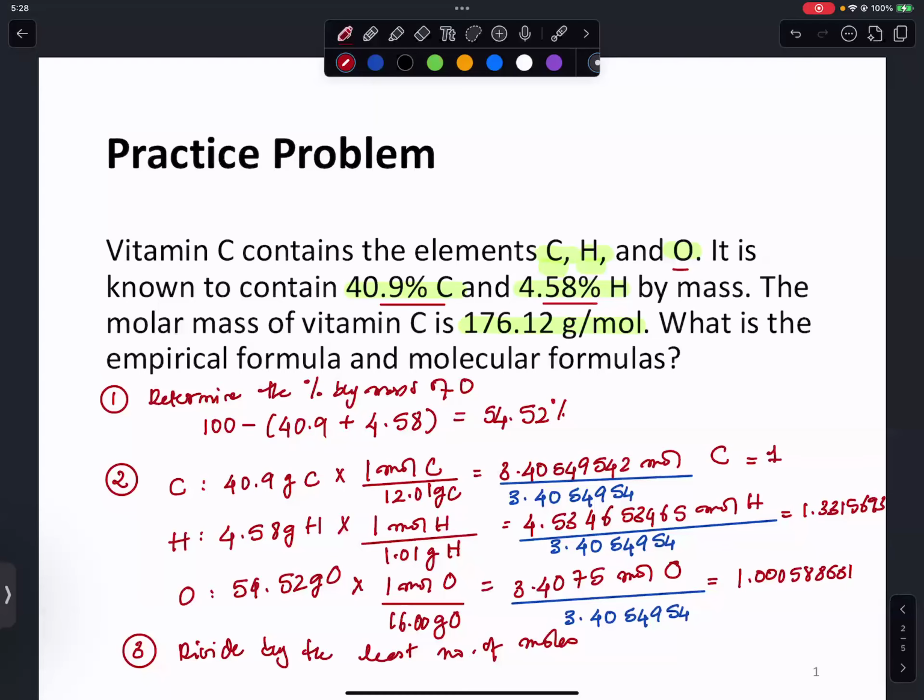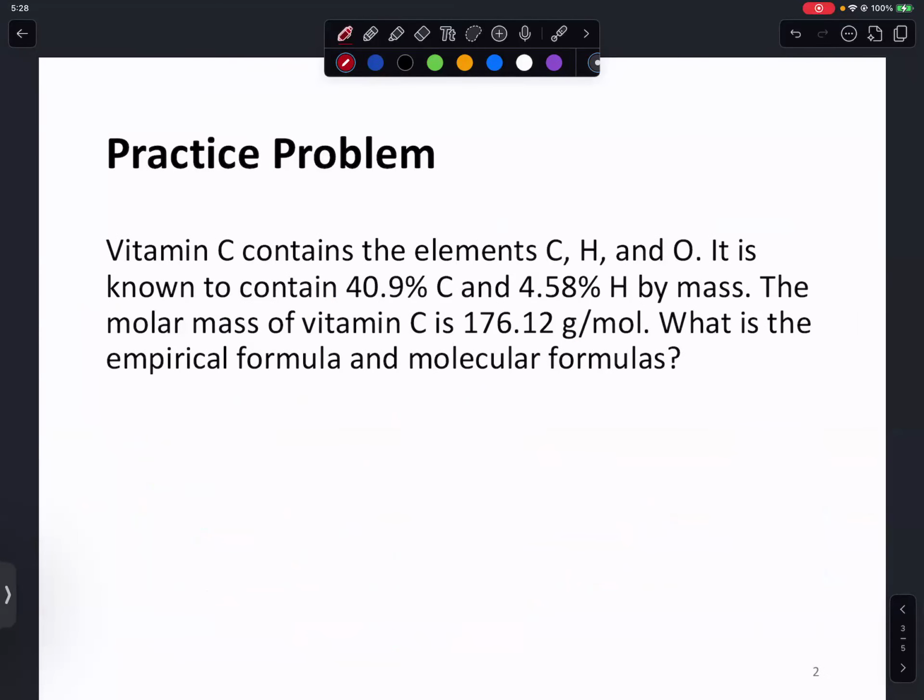Now, note right here, I'll move to the next slide because I'm out of space, that the ratio of carbon is 1 to hydrogen, which is 1.33, to oxygen, which is around 1. Now, I cannot leave the number like that in decimal, and we agreed to remove a decimal with 0.33 or 0.67.